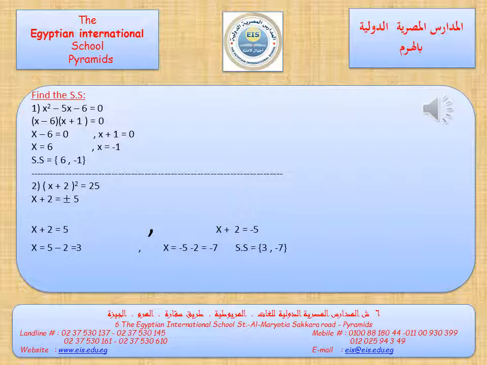Example 1. Example 1 tells us x power 2 minus 5x minus 6 is equal to 0. If we have x power 2, x, and an absolute term as we see, we should factorize this expression into two parts, using the first type of factorization. What shall we do?